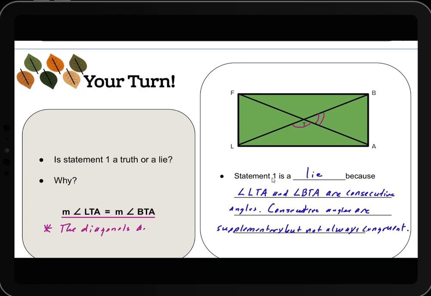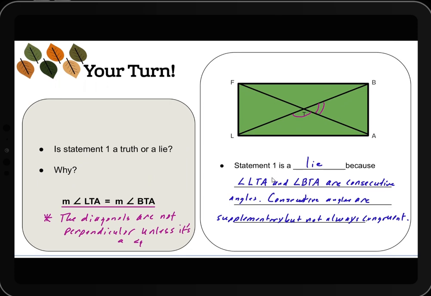So the diagonals are not necessarily perpendicular, or just not perpendicular, unless it's a square or rhombus.